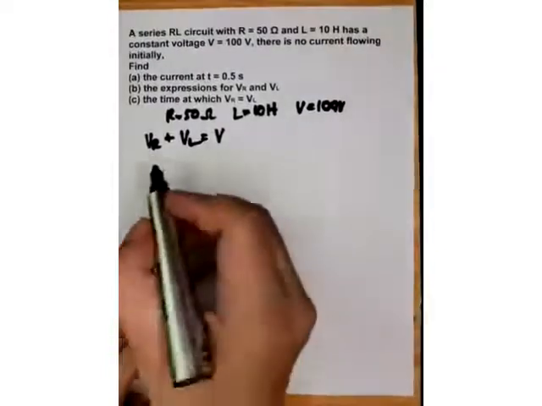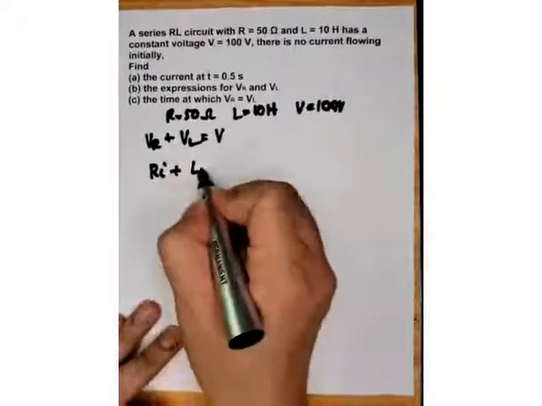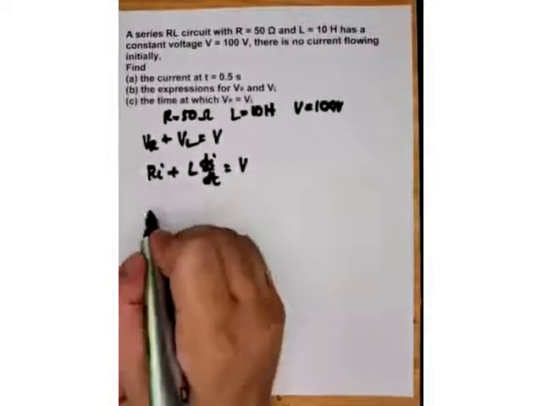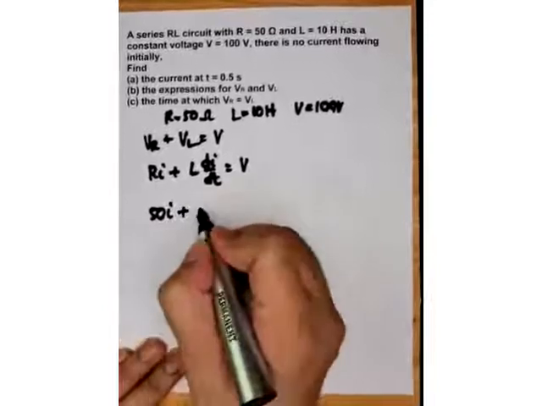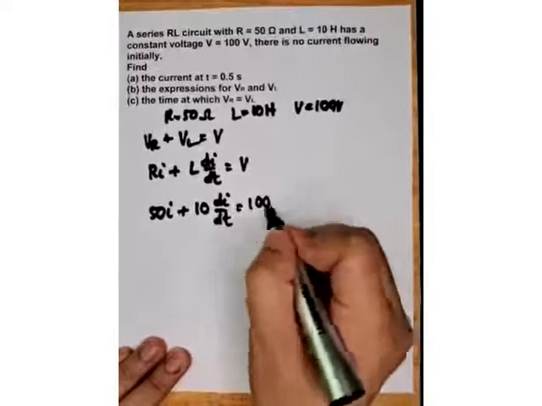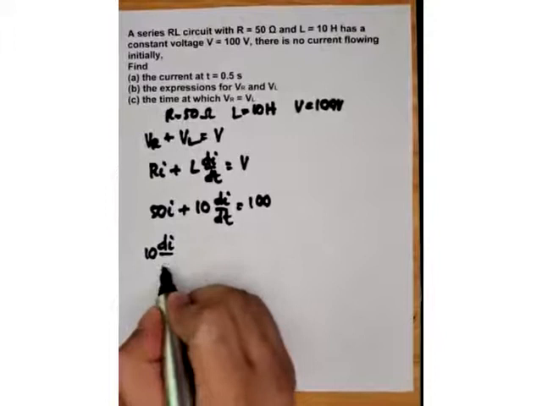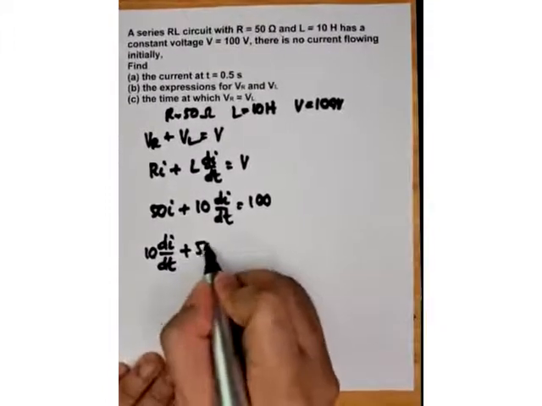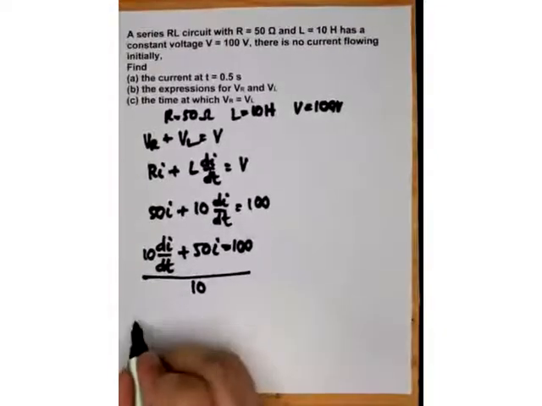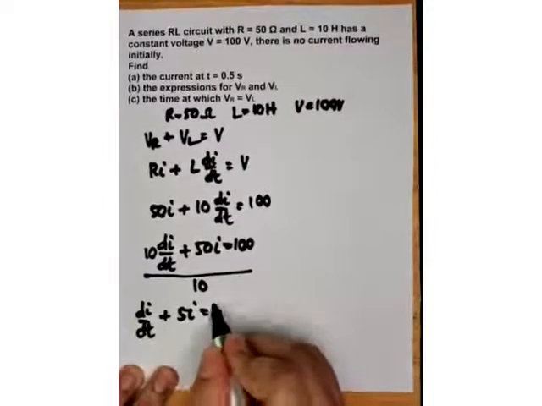Therefore, this is Ri plus L di over dt is equal to V. Substituting, 50i plus 10 di over dt is equal to 100. Let's rearrange: 10 di over dt plus 50i is equal to 100. Divide this by 10, so di over dt plus 5i is equal to 10.